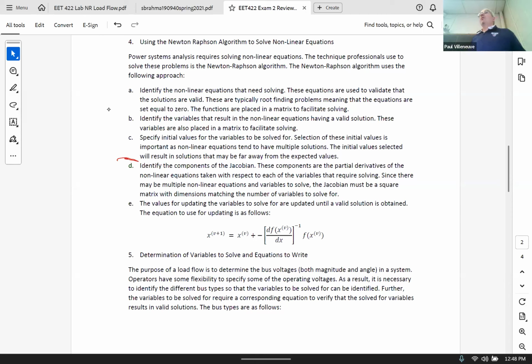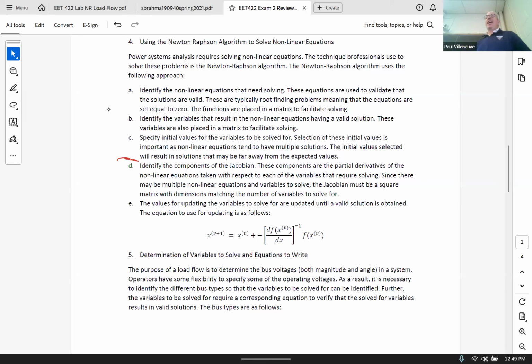So the work that you do is you plug those initial conditions into the equations you're trying to solve to see if you get the right answers. And if you get the right answers, you don't need to do any more work. If you were perfectly guessing all of the right answers, that'd be pretty impressive, right? But you'd be done. No reason to do Jacobians because you have the answer.